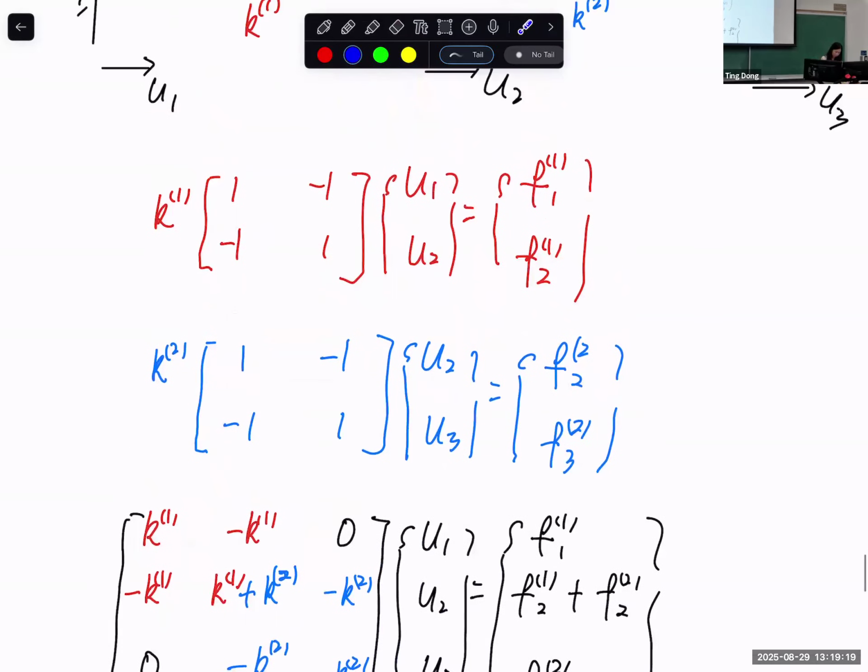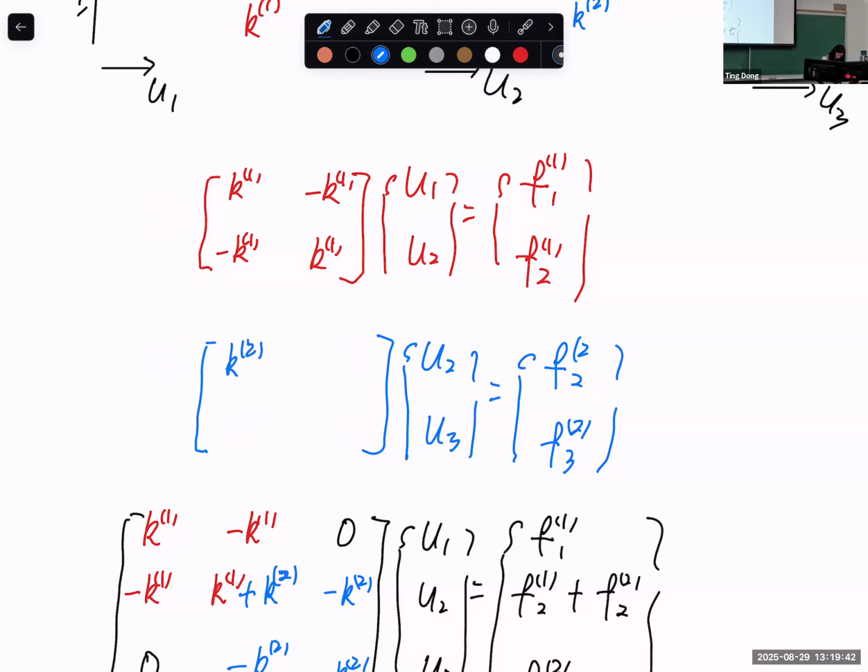Or to make it easy for you guys to see, let's write K1, negative K1, negative K1, and K1. And for this one, because after assembly, there's really no common coefficient, so K2, negative K2, negative K2, and K2.